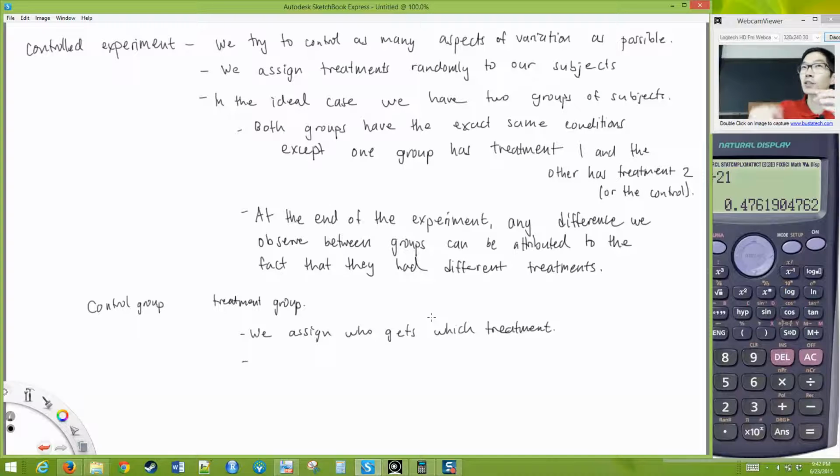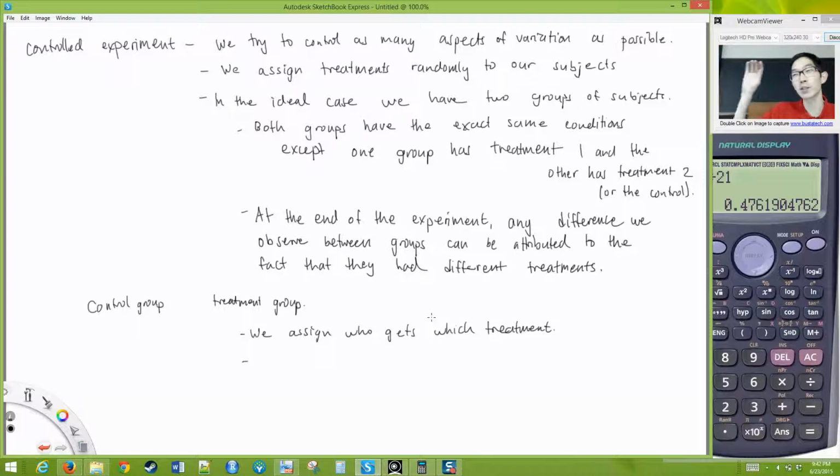Just the fact that they're taking something might automatically start calming them and reducing anxiety. And then the other group, if we say, oh, you're in the control group, so you don't get any pills, that might put them under a psychological effect. So in order for people to not know which group they're in, we have what we call the placebo. And so we give both groups pills.